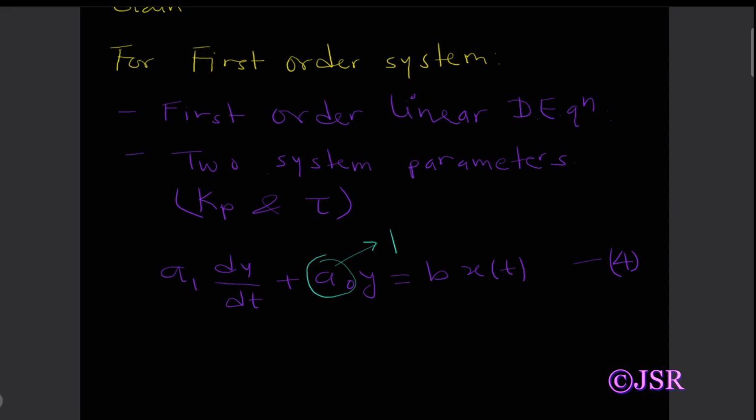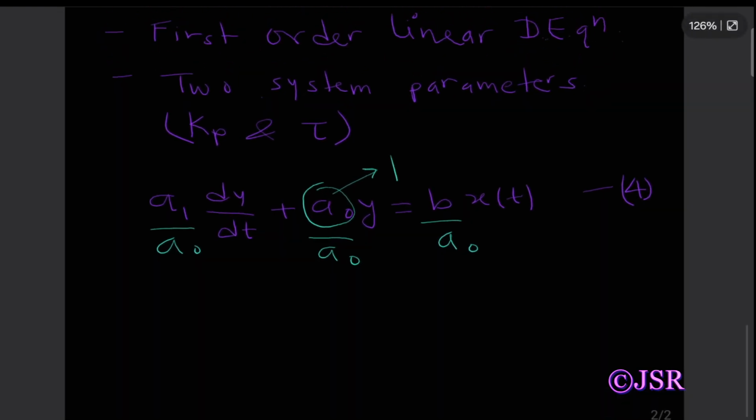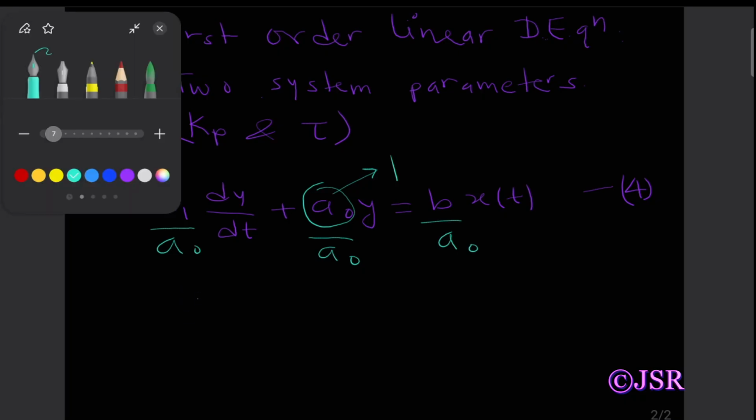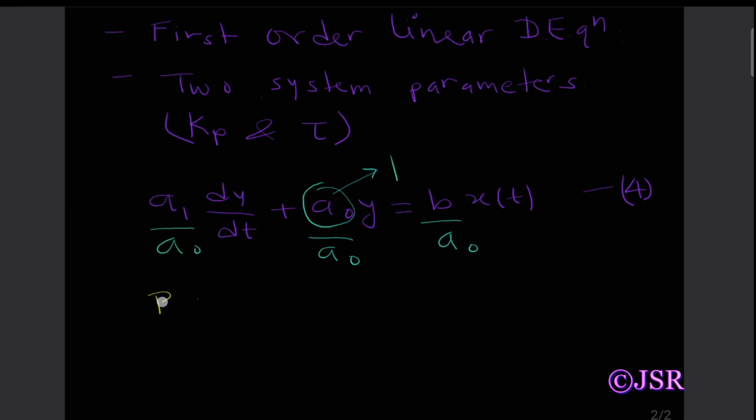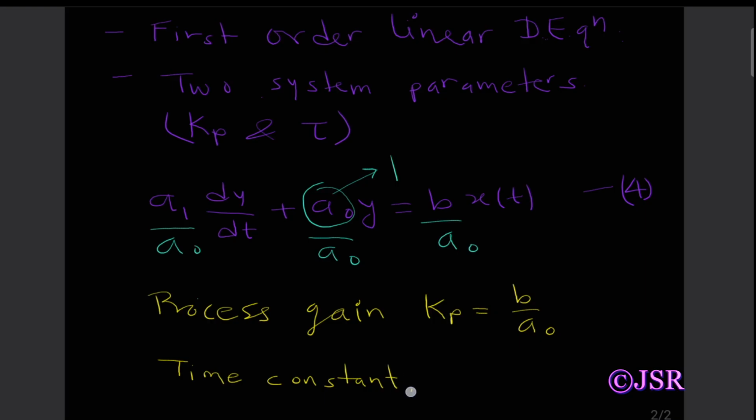So to do so, we have to divide the whole expression by a naught, and therefore the process gain Kp will be b upon a naught, and time constant will be a1 upon a naught.